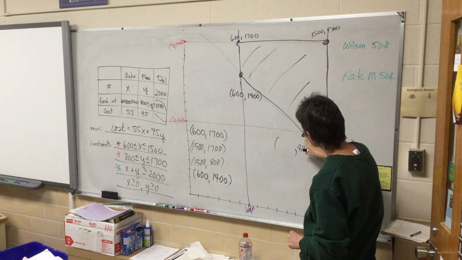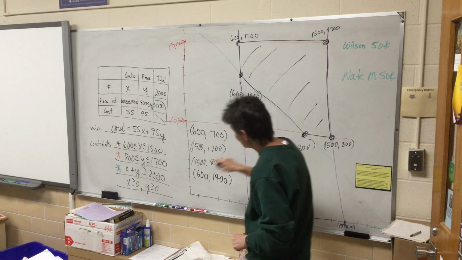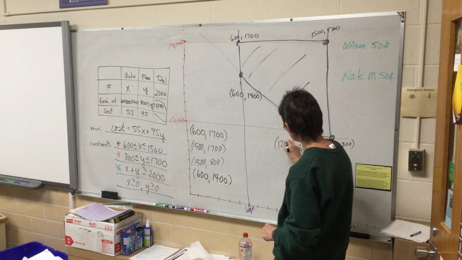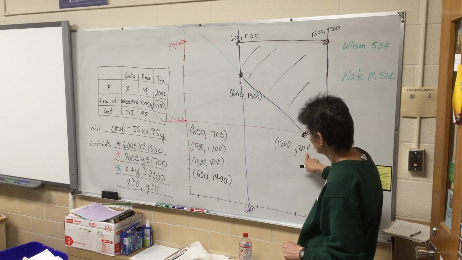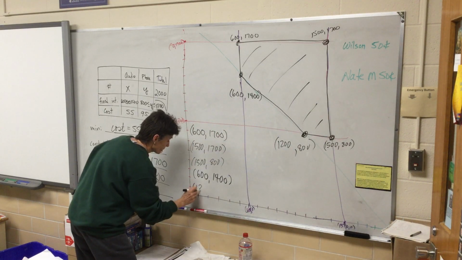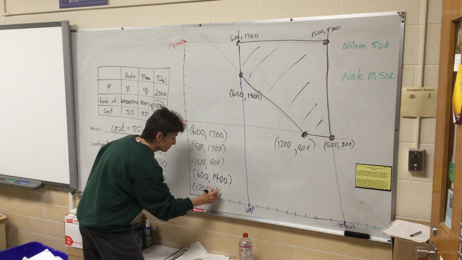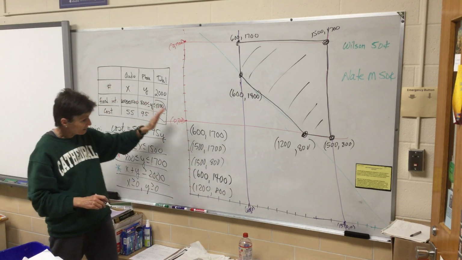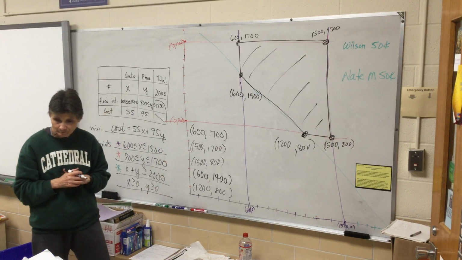And if its Y is 800, then its X has to be 1200. Now, does anyone have a question about any of those 5 points?